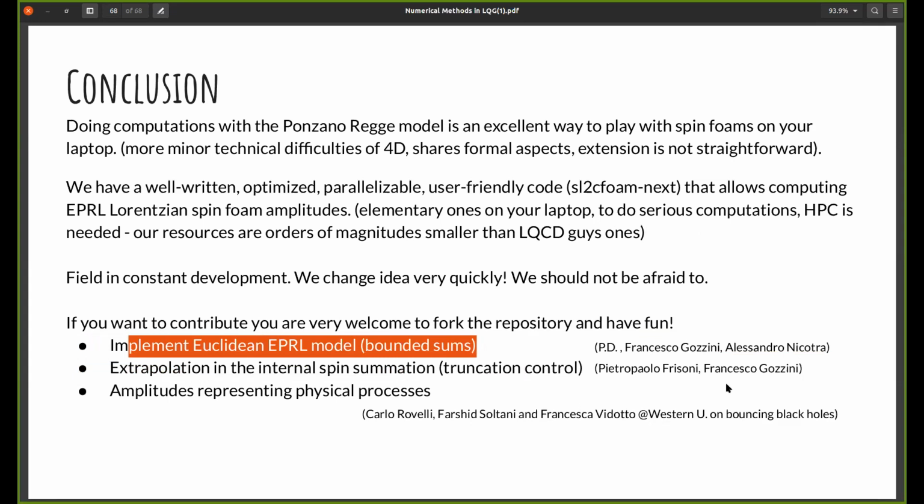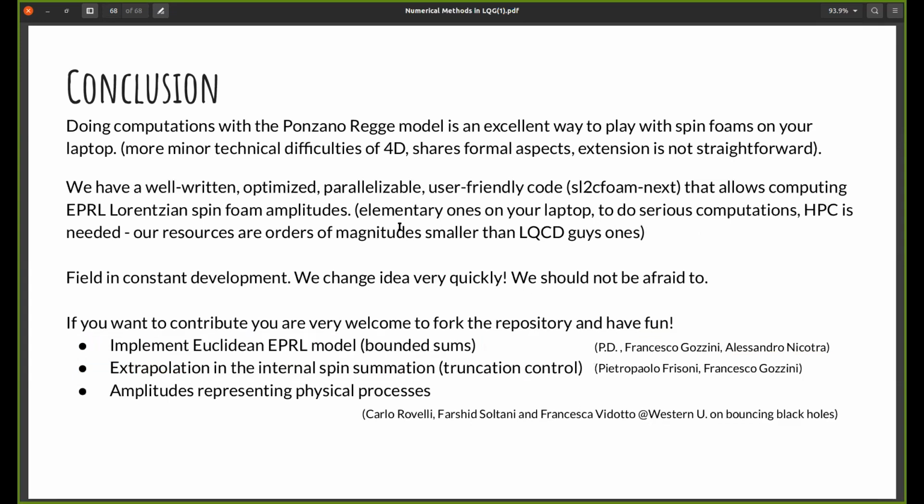It has nothing to do with numerics, but we were able to prove analytically that if you start from the Euclidean Lorentzian Engle-Pereira-Rovelli-Livine model, the vertex amplitudes are related, up to a multiplicative factor, by an analytic continuation in the Immirzi parameter. So if you take, for example, the Euclidean amplitude and you send gamma to i gamma, you get the Lorentzian amplitude up to a prefactor that we computed.